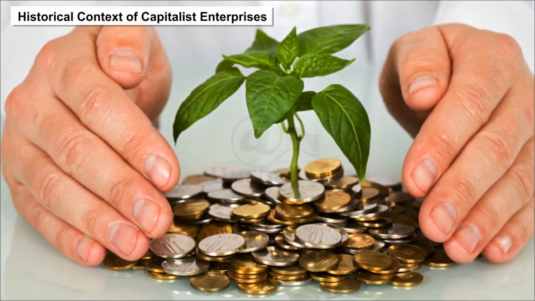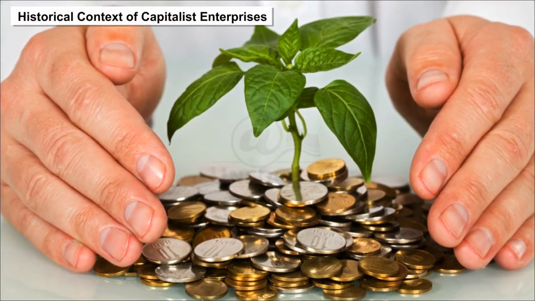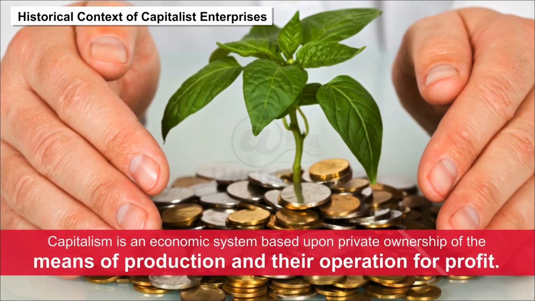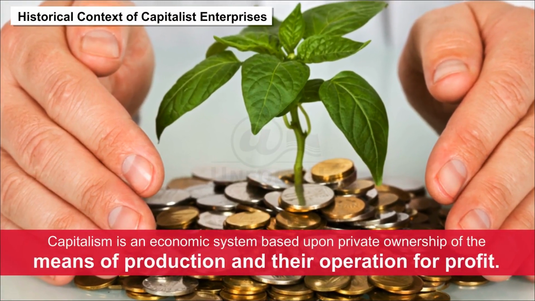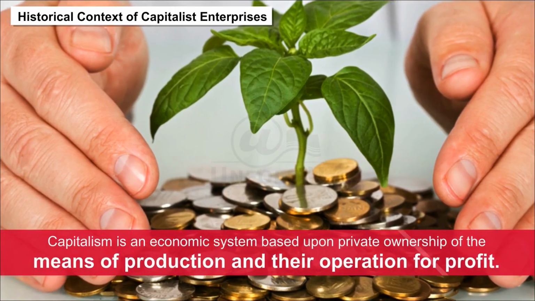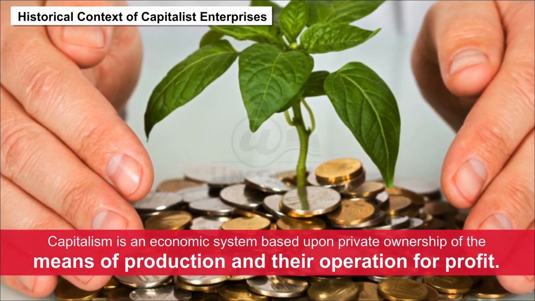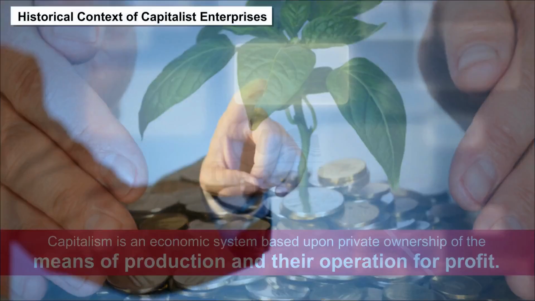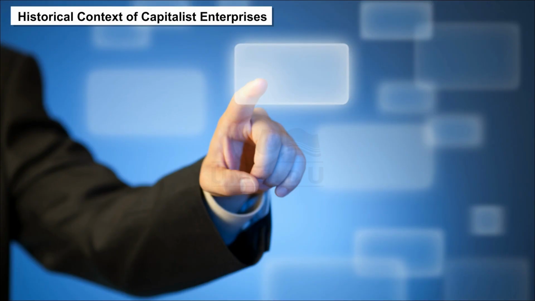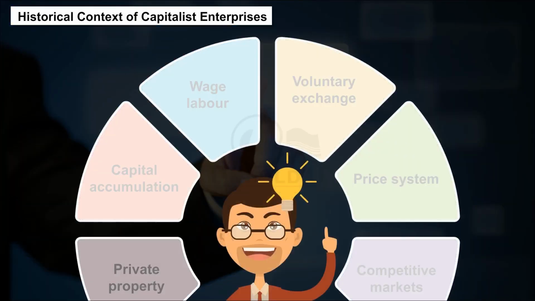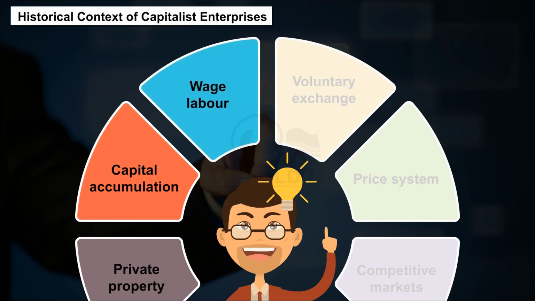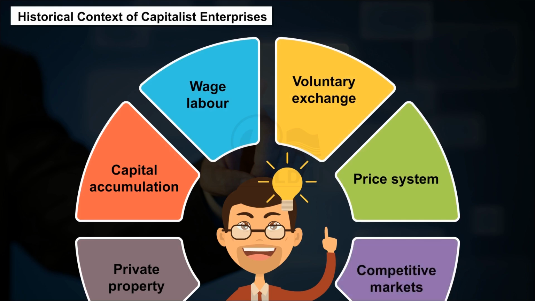Historical context of capitalist enterprises. Capitalism is an economic system based upon private ownership of the means of production and their operation for profit. Characteristics central to capitalism include private property, capital accumulation, wage labor, voluntary exchange, a price system, and competitive markets.